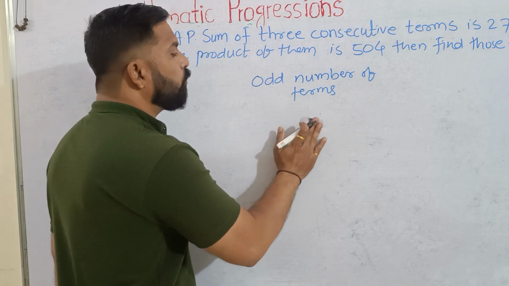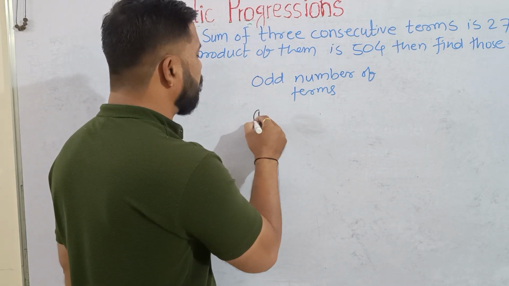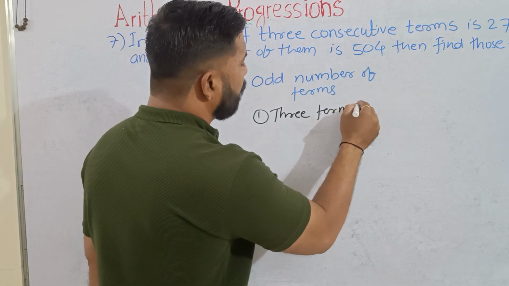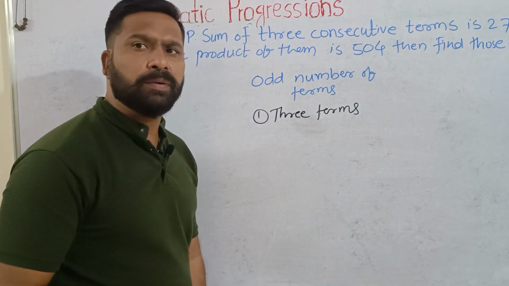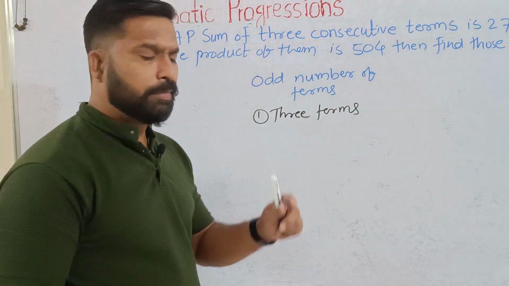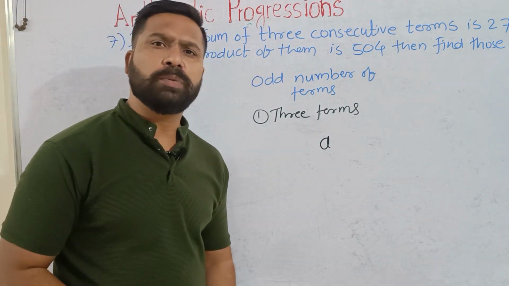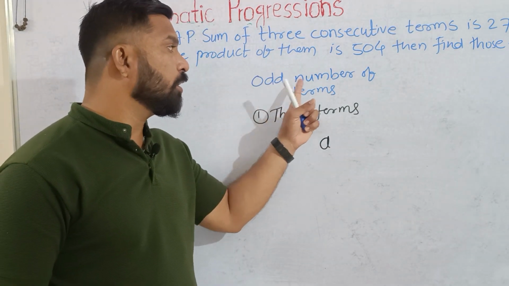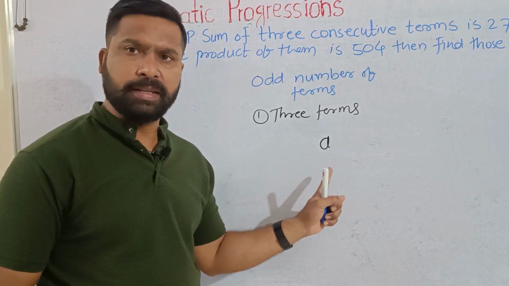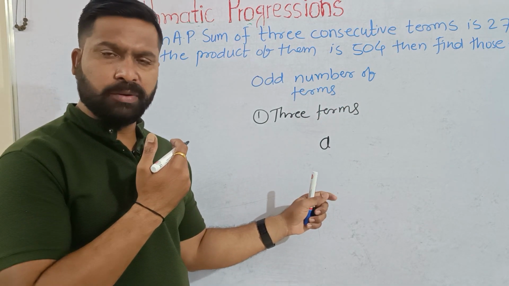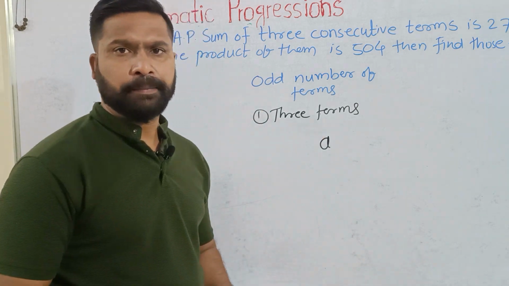If we are talking about 3 terms, which one will be the middle term? The second term. A is always going to be the middle term for an odd number of terms. The first term will lie to the left and the next term will lie to the right.